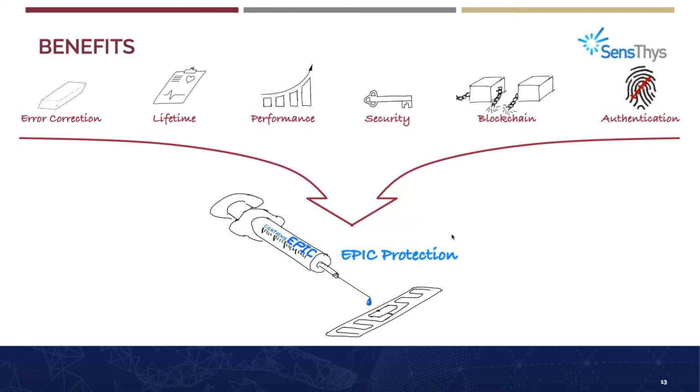So now with Epic, we can apply RFID with full confidence into these other technologies that would otherwise be fairly brittle when used with RFID. So blockchain works, authentication works, encryption works. All of these are some of the benefits that we're now seeing coming out of the application of this Epic technology.